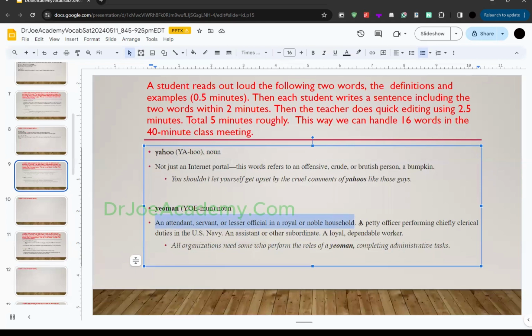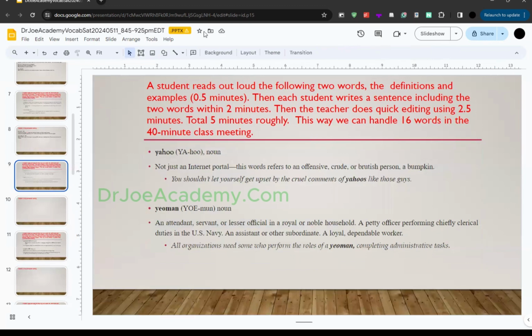Or it can be like a petty officer or someone who isn't as important, someone who's not in charge. But in general, it refers to an assistant or someone who is subordinate to a higher level person in charge. This would be a loyal, dependable worker, but not like the boss or someone who has more importance in their role.